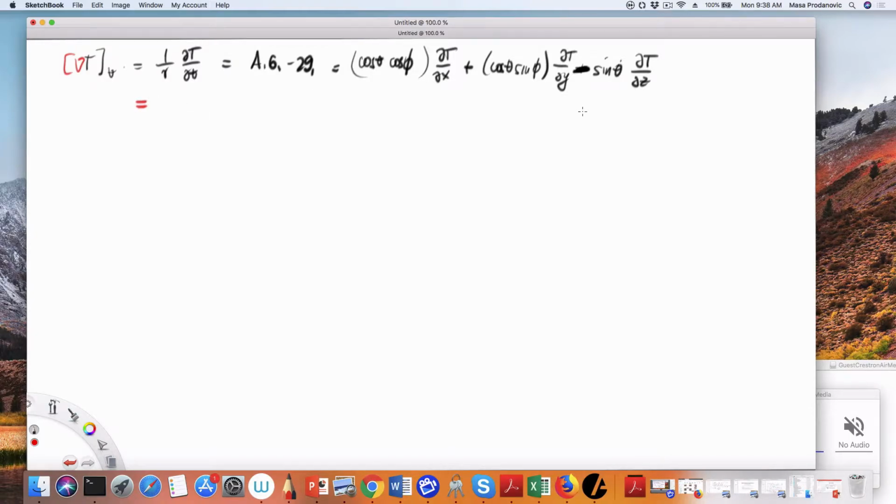And this is minus a sine theta, because this is 0 and this is 0.